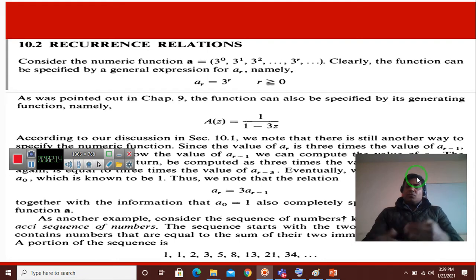One function should be called by itself for a different value. Here ar is a function, so for calculating ar, you have to calculate ar minus 1 first, because ar minus 1 is the previous term. The previous term should be calculated first, then you will calculate the next term ar.